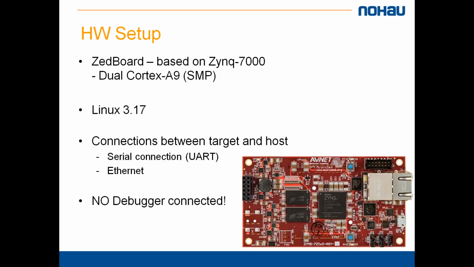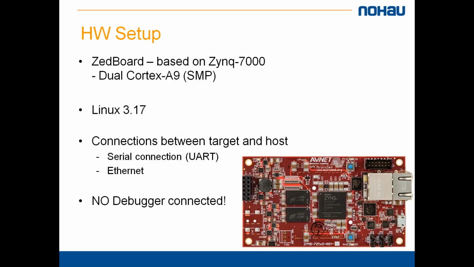So my hardware setup for today: I'm using more or less the same hardware as I did last time. I have my Zedboard, which is based on the Zynq 7000, which is dual Cortex-A9, so it's an SMP system. On top of that, I have Linux 3.17 running, and I have two connections between target and host.